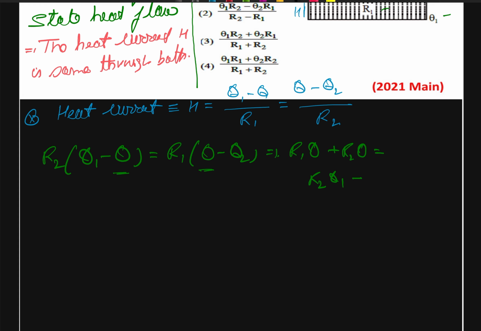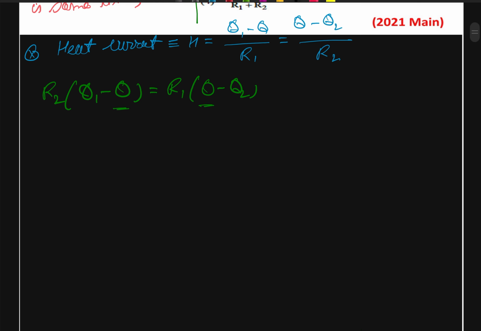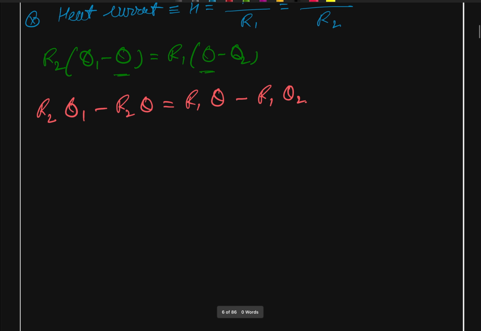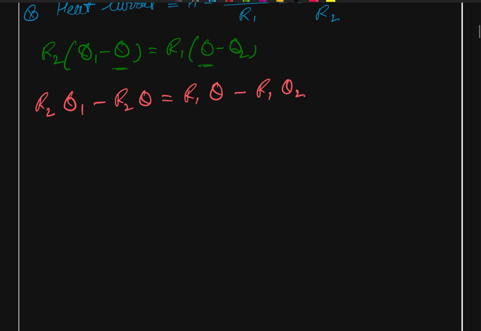Let us write R2 theta 1 minus R2 theta is equal to R1 theta minus R1 theta 2, and we can combine these two terms.